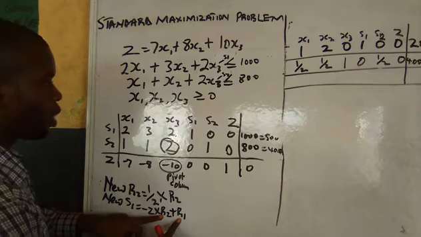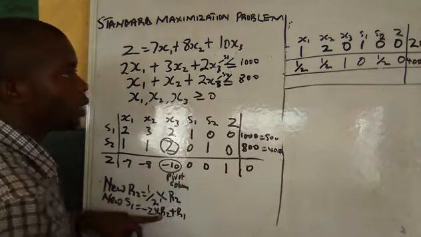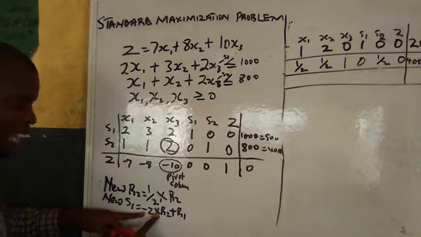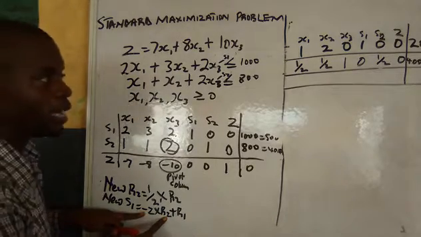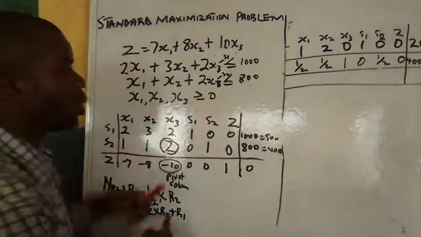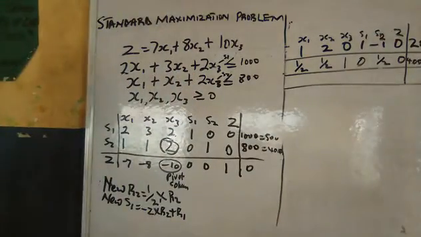Minus 2 times R2 is going to be minus 1. Minus 1 plus 0 is going to be minus 1. Please look at it very well.